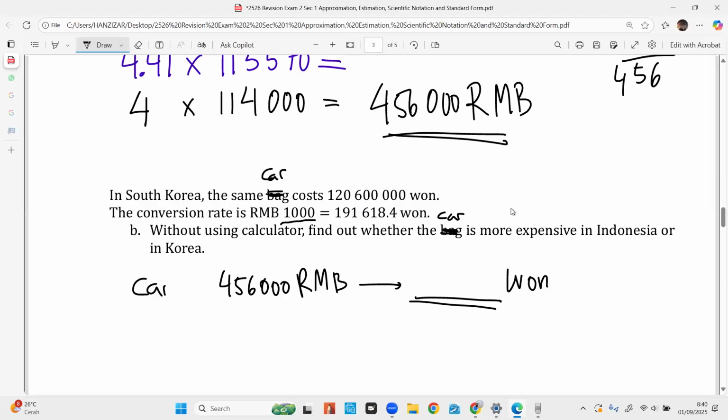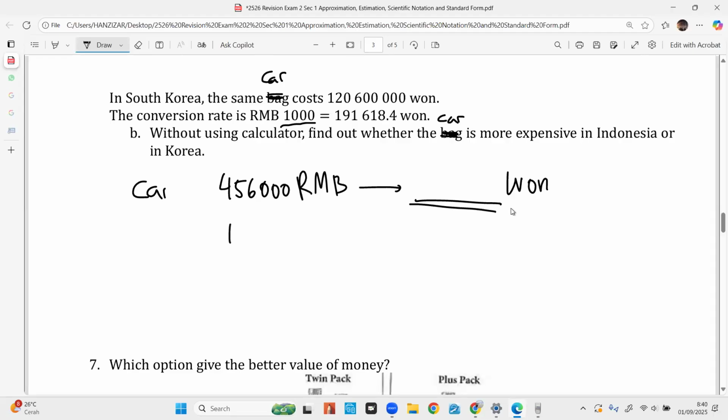This conversion rate is per RMB 1000. So 1000 RMB renminbi is equal to 191,614,18.41.